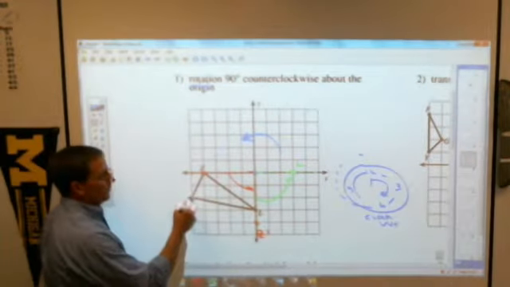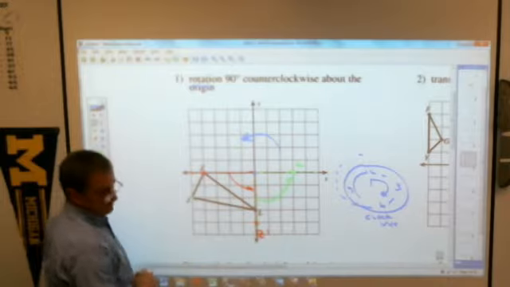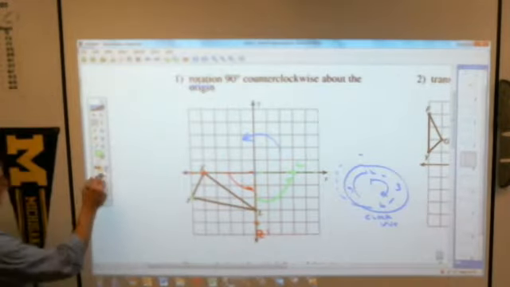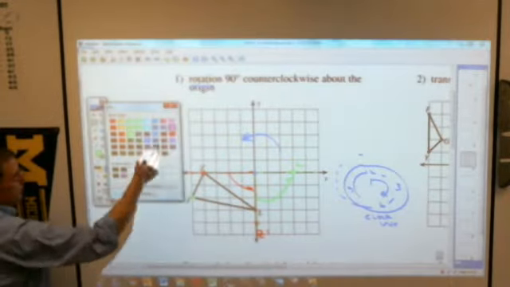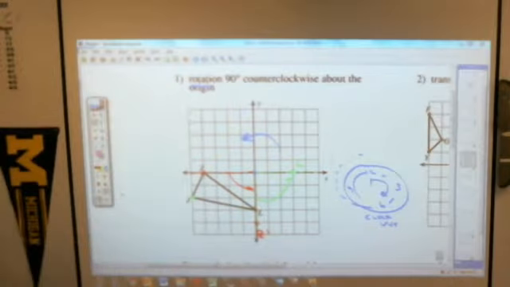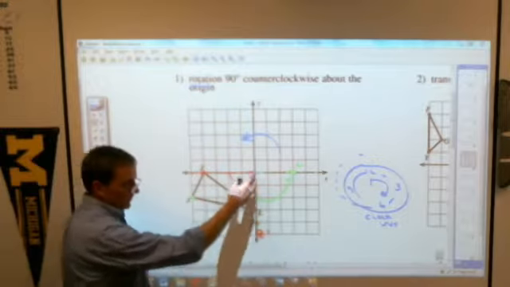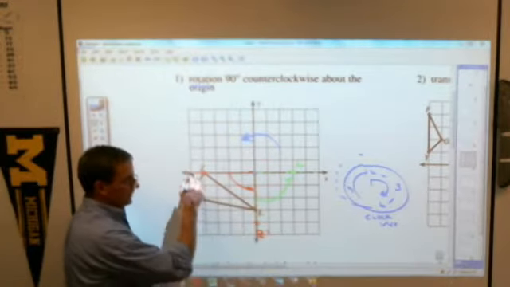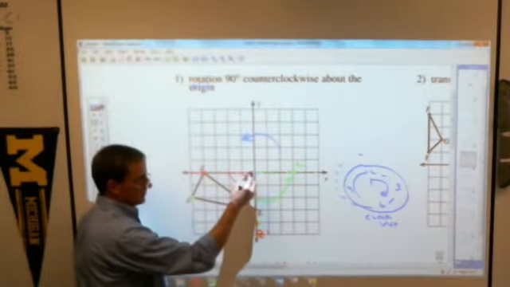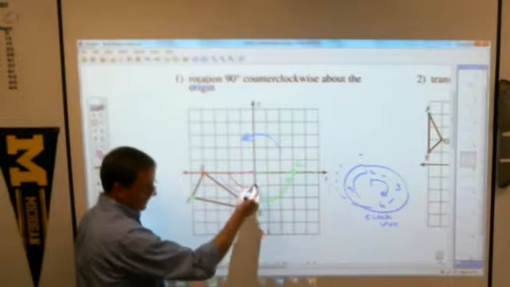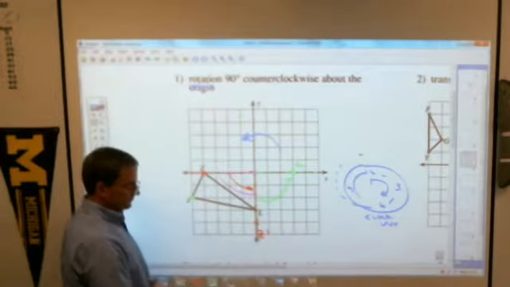How would I figure out where letter J prime is? Let's change colors for J prime. Well, let's go with hot pink. Really, it's kind of the same thing as when we spun the little red thing. If I still look at this axis right here and turn it 90 degrees, it's right here, right?